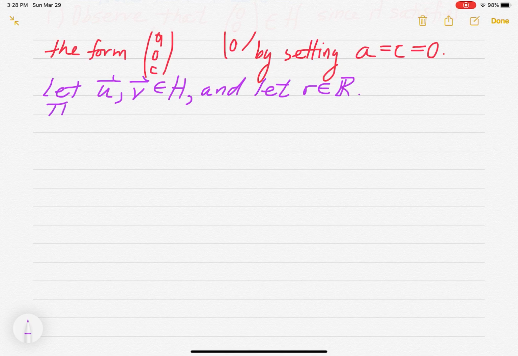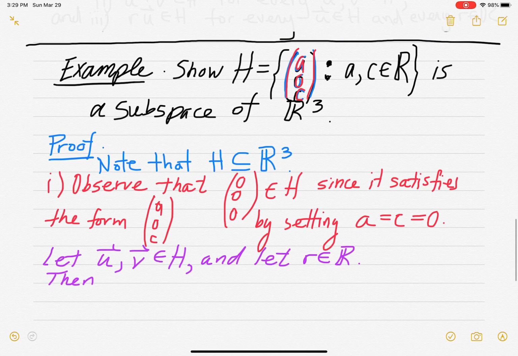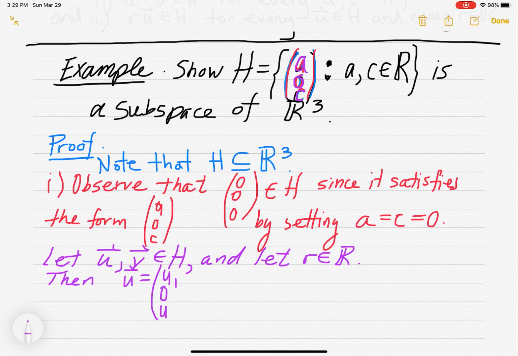What does that mean about U? Let's think. What form is U going to take on? Well, we know that the first entry is present, and the third entry is present. The middle entry is going to be 0. So U is going to take on the form U1, 0, U3.